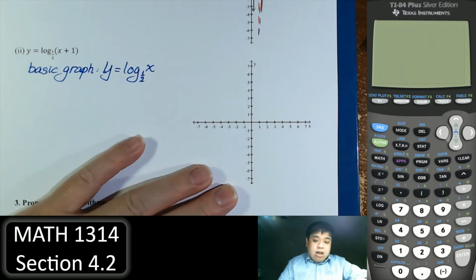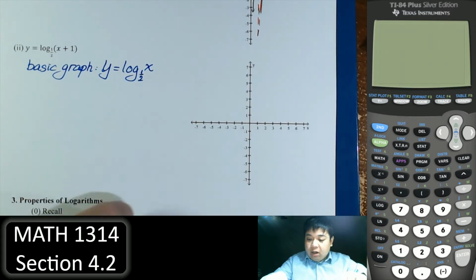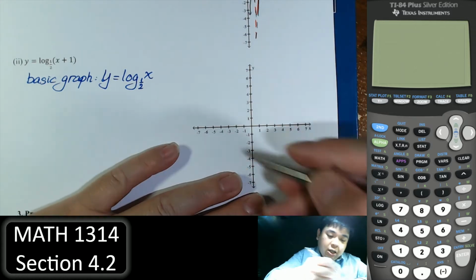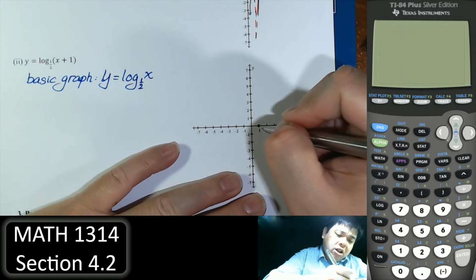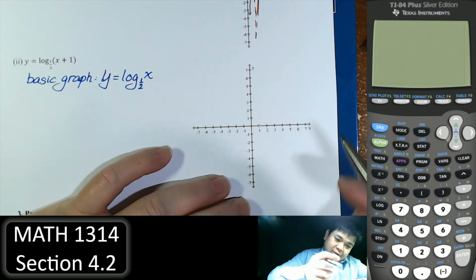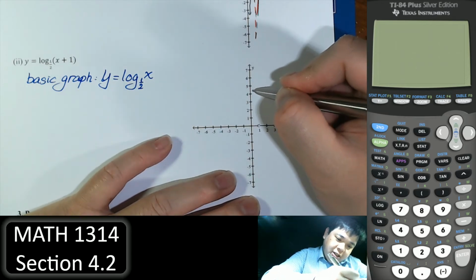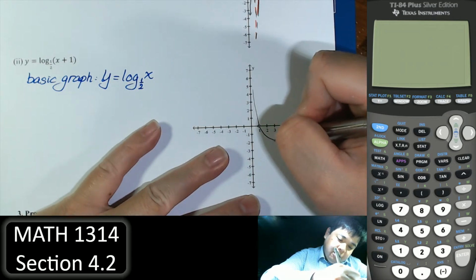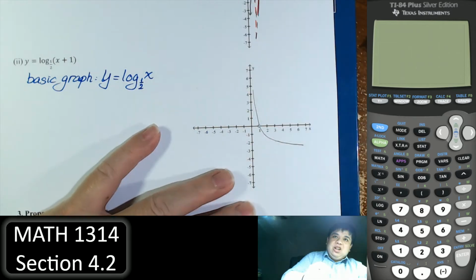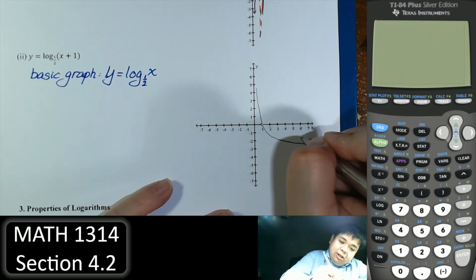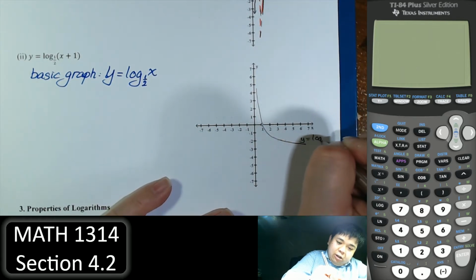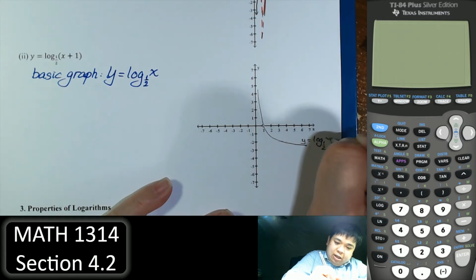The base is less than 1, so it is decreasing, but still goes through the point (1, 0), with the vertical asymptote still the y-axis, and it's decreasing, right? y equals log base 1/2 of x.